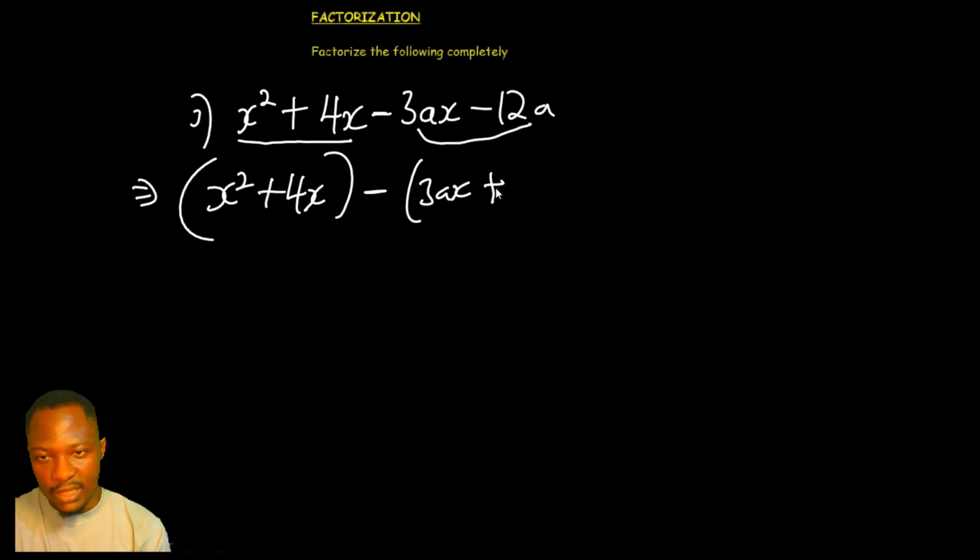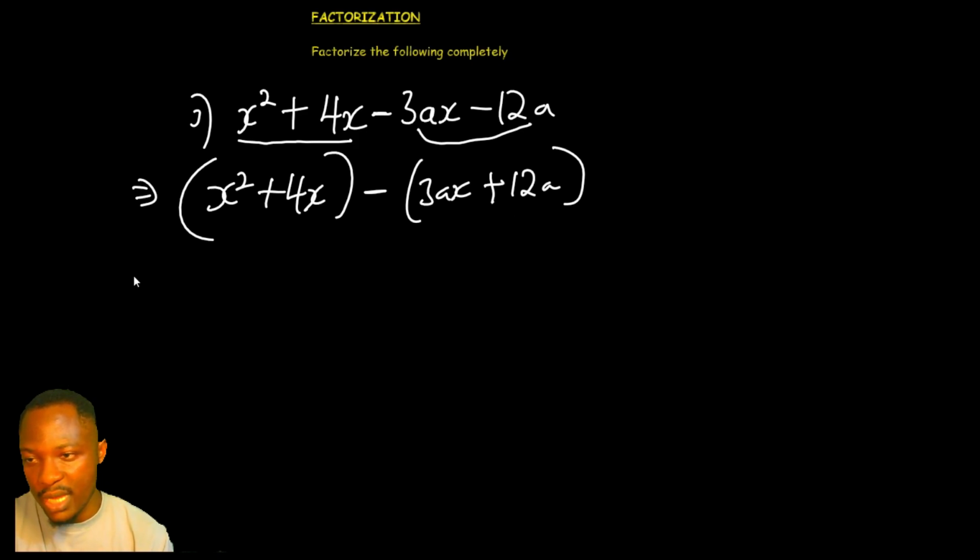If you make here negative, then here will be positive, but in the original expression here was negative, so you have to change the sign in front of the 12a from negative to positive. So here will be positive and then here will be 12a, and then we also put this one in bracket. Now let's factorize the common factor out.